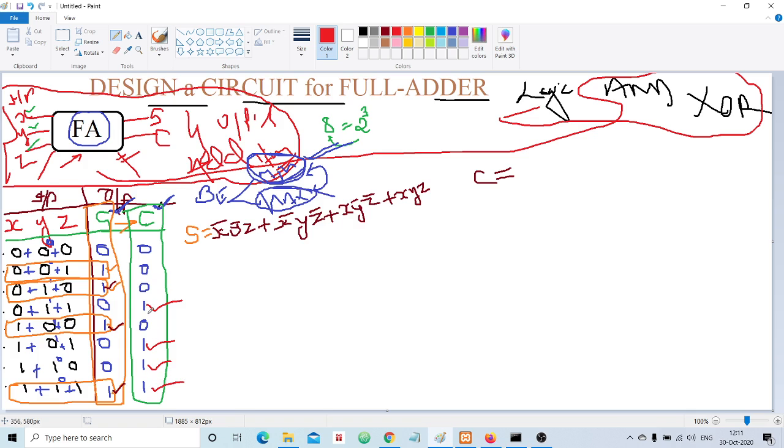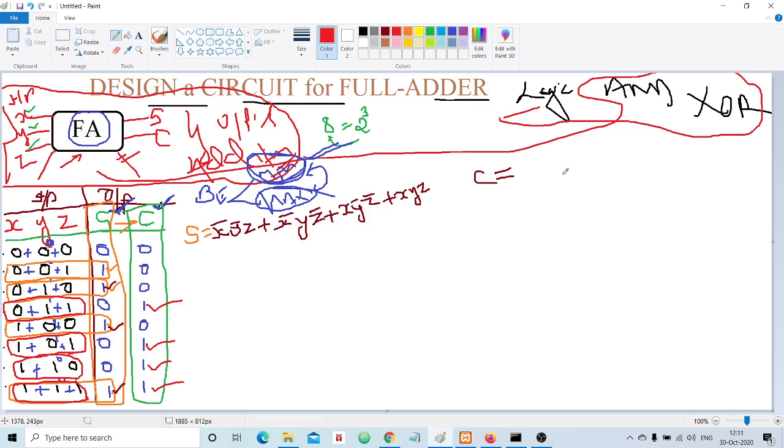Clear? So which are those combinations? This is one combination, this is the second combination, this is the next combination, and this is the last one. So how many terms will be there in the Boolean expression for carry? 4 only, because the carry column has 4 ones.